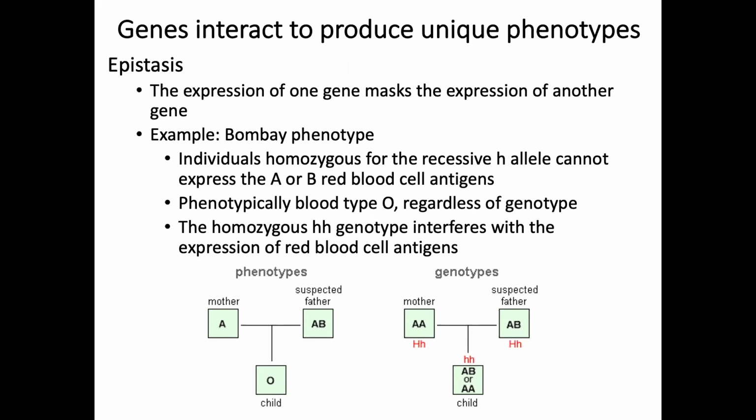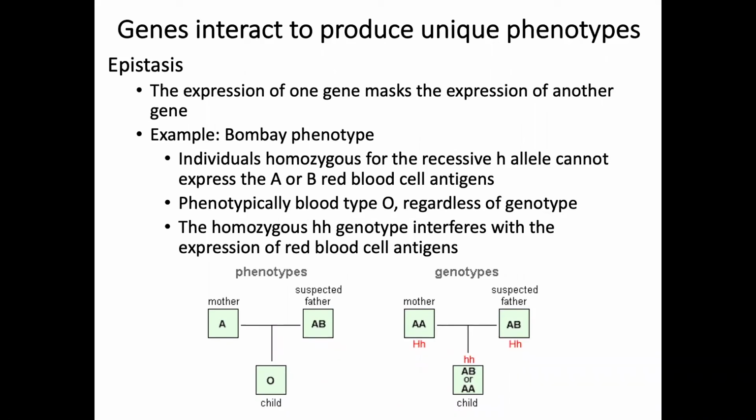It was initially discovered in Bombay, now known as Mumbai, in India in 1952. This rare blood type is found in 1 out of 10,000 individuals in India and 1 in 1 million people in Europe. Although this is a rare blood type, for some reason it frequently shows up in genetics exams. So I figure I need to introduce this to you.